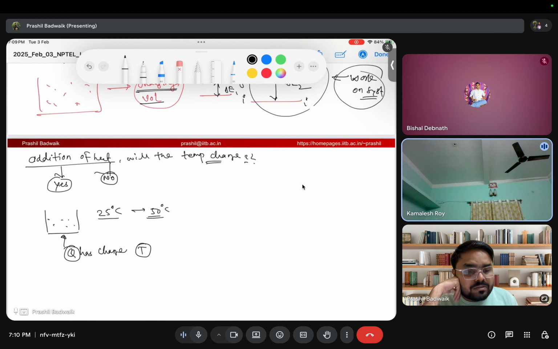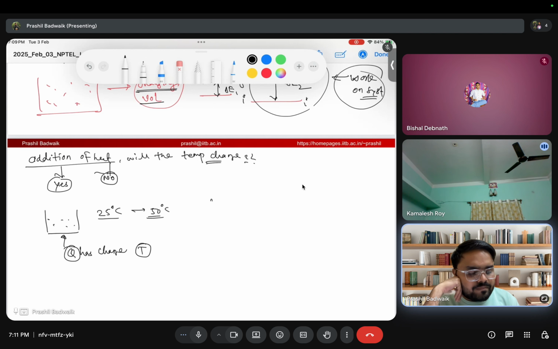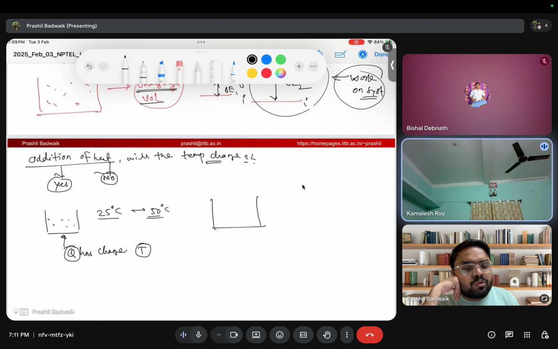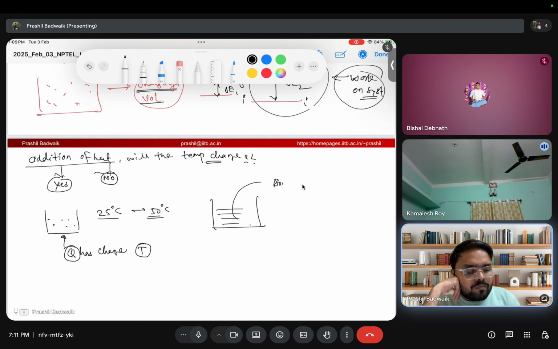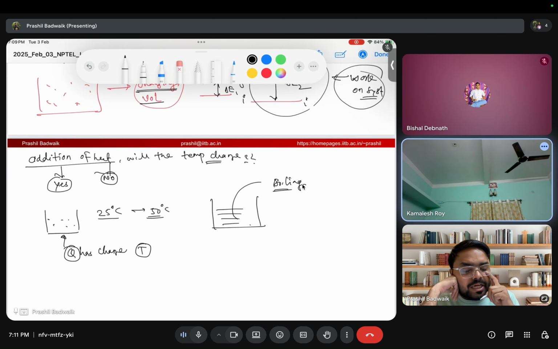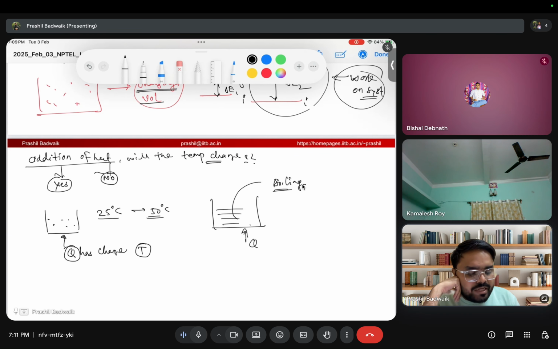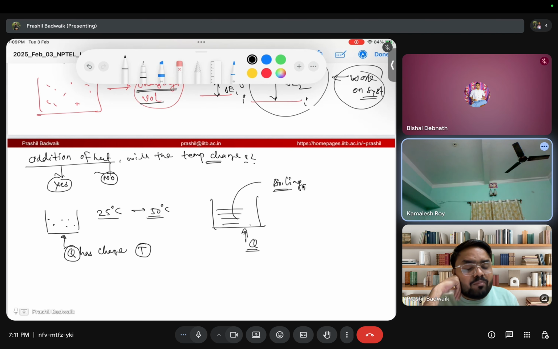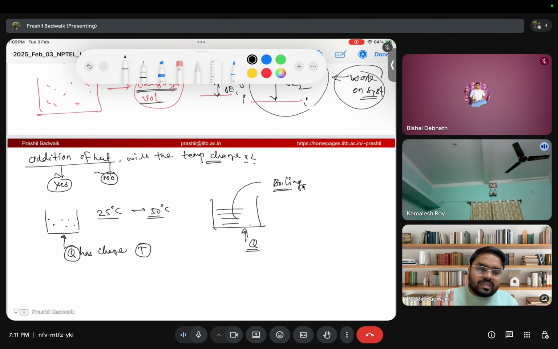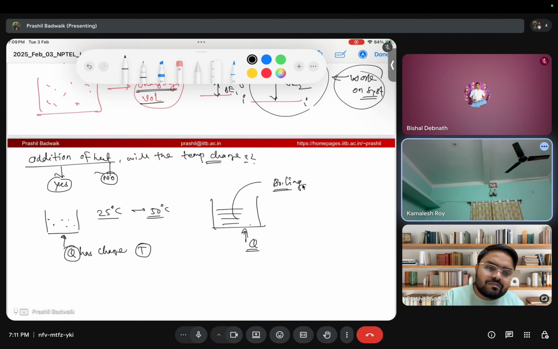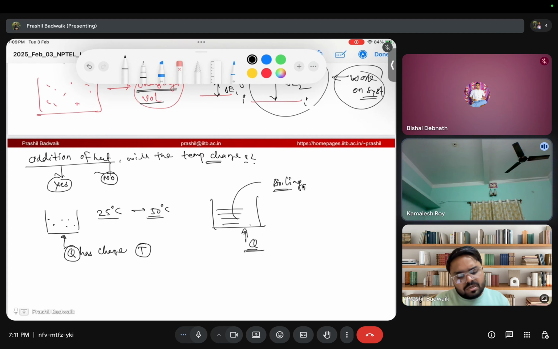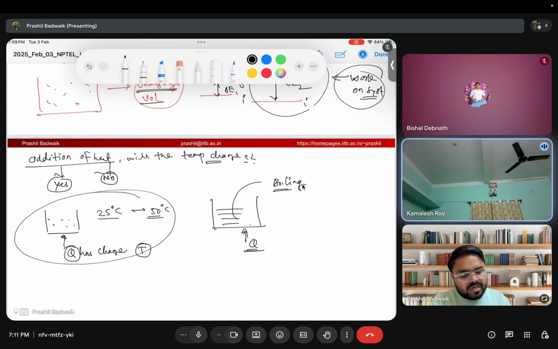It may not, because, for example, if I keep on heating the system up to 100 degrees Celsius, the boiling of water will happen, and during that time, even if I add heat into the system, the boiling will only happen at 100 degrees Celsius, and there will be no change. The temperature of the system will stay the same. So you can see upon addition of heat, in one case there is change in temperature, and in another case there is no change in temperature.